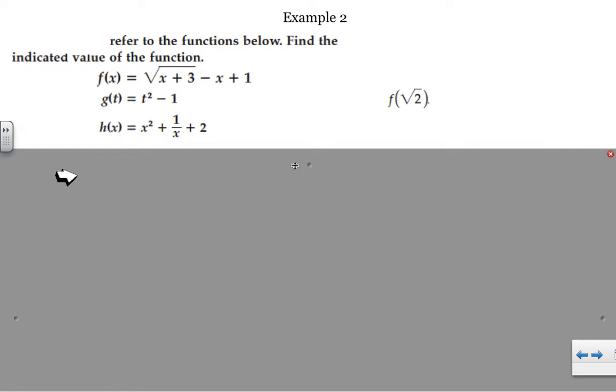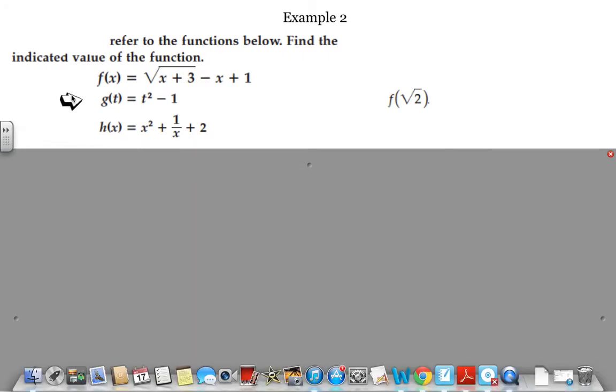And you're going to be given problems where you have to solve based on the input. So in this situation here, I have these different functions, and then I have a problem. If you'll notice, here are my functions, f of x, g of t, and h of x. And here's my problem. It wants me to find f of the square root of 2.